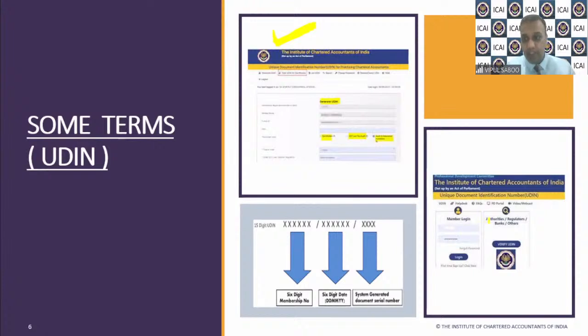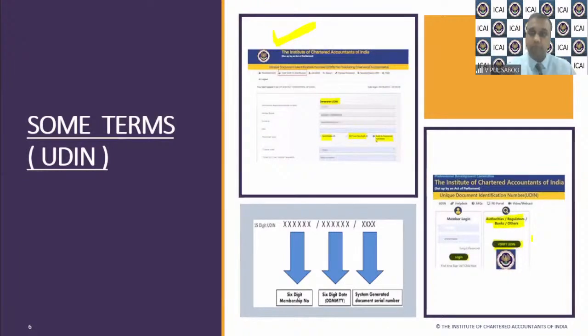Here you can see in the next picture, authorities, regulators, banks, and others. This is Verify UDIN. A chartered accountant goes on the UDIN portal, logs in and generates the UDIN. The other stakeholders can verify the UDIN from this link on the same portal.